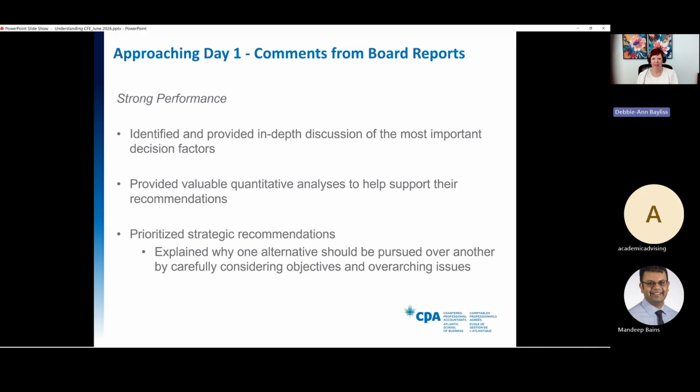Now, one of the things that we notice is candidates focus on whether implementing an option is aligned or misaligned with the company's mission, vision, values, and the key success factors. And they end up just focusing on that from their situational analysis.